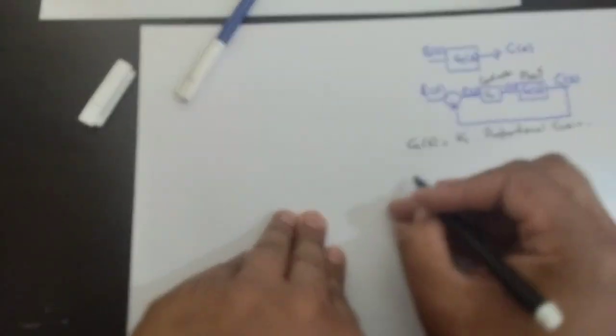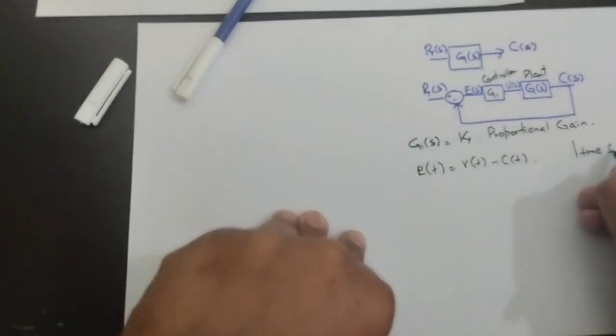So what will happen now if we get the E of S? To make things a bit simple, we will drop the function of S and use simple time domain analysis, that E of t is equal to R of t minus C of t. Assume that we are working in time series.